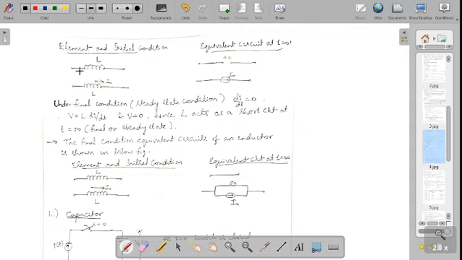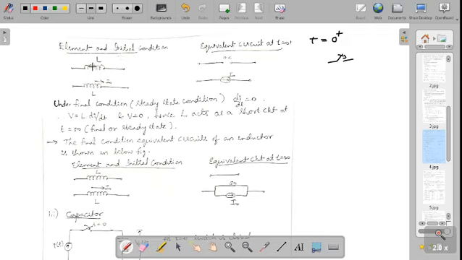Let us consider an inductor with inductance L. Instead of the inductor you can replace it by its equivalent circuit, at time t equal to 0 plus, that is, immediately after the closing of the switch.